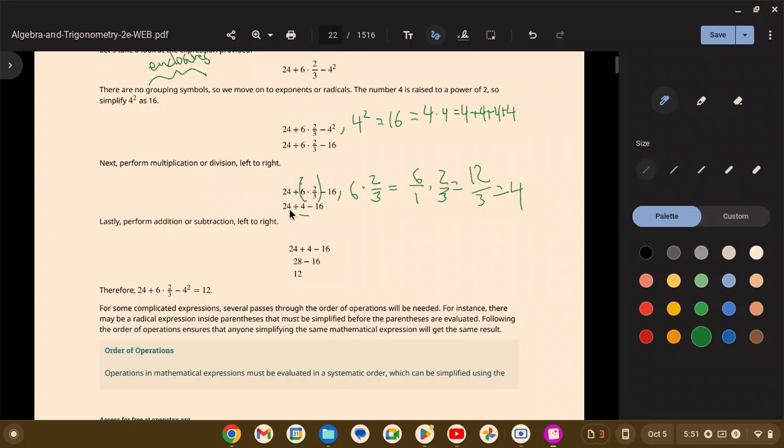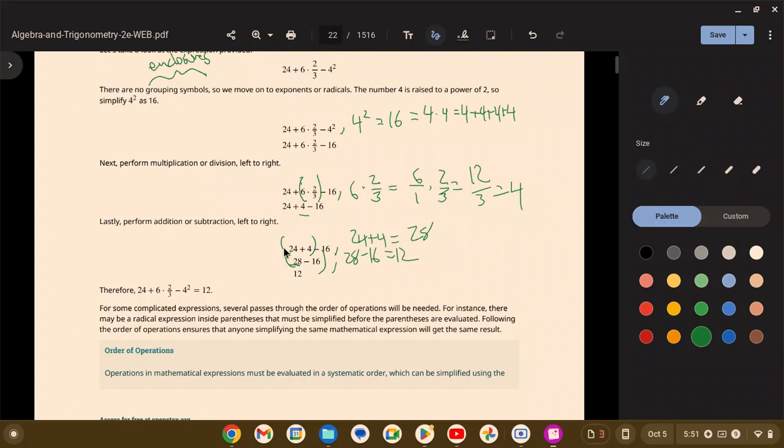It looks like they just did this one next, where 24 plus 4 equals 28. And then they're going to do 28 minus 16, and that replaces that. Therefore, 24 plus 6 times 2 over 3 minus 4 squared equals 12.